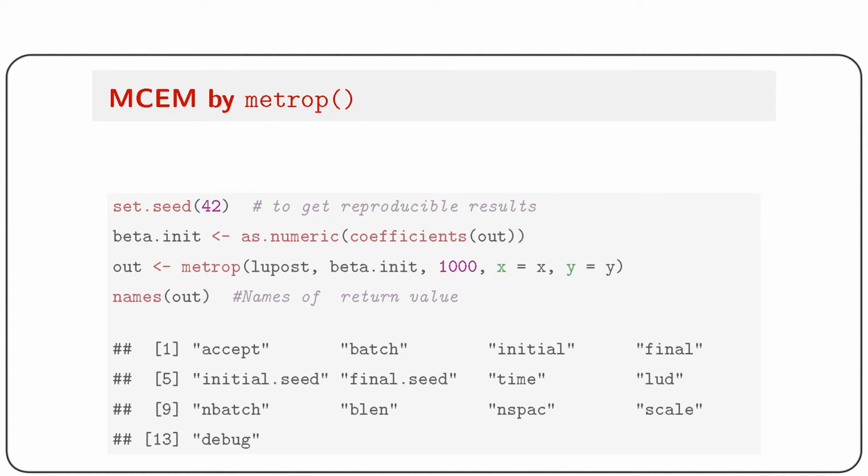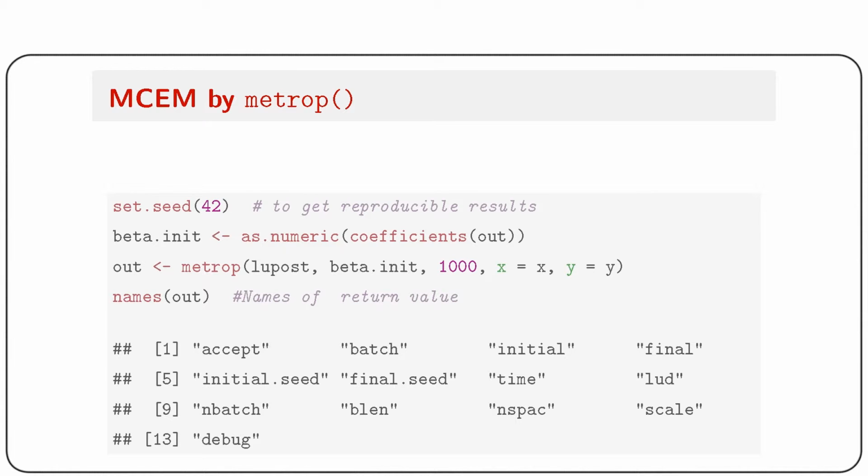Here, suppose first I set the seed as 42 to get the same results repeated times, and then beta.initial, I assign the beta initial value from the previous out object just to get a guess for beta initial.